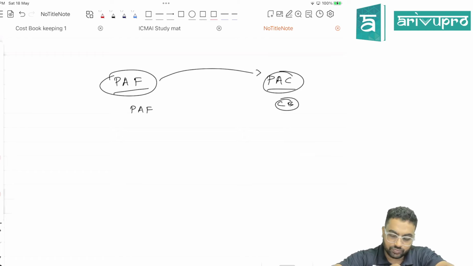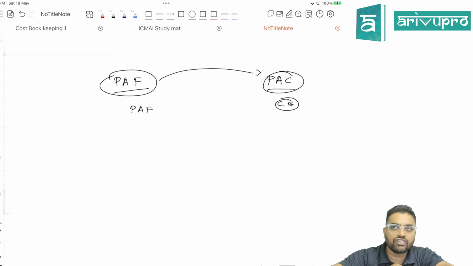Okay, sir. Can you tell how it is? Yes. There will be certain expenditures or losses which are recorded only in financial books. The answer is yes, sir. So, what should you do, sir? Very simple, people. Certain expenditure you recorded only in financial account but not in the cost accounts.